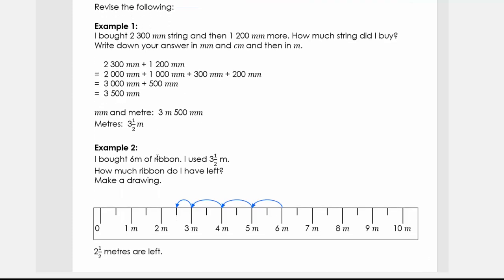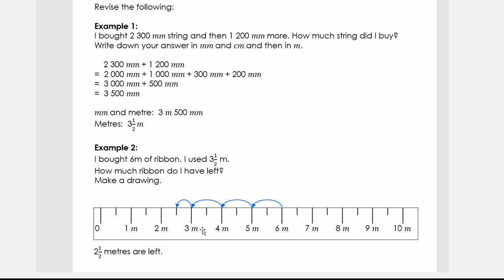Then example number 2: I bought 6 meters of ribbon. I used 3.5. How much ribbon do I have left? First identify the numbers. How much I have left tells me that I need to subtract.